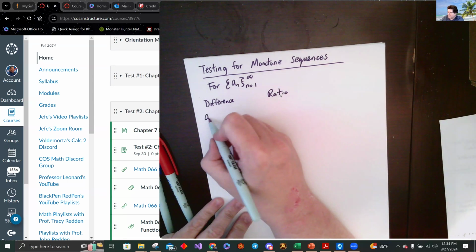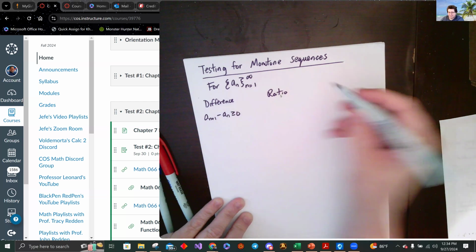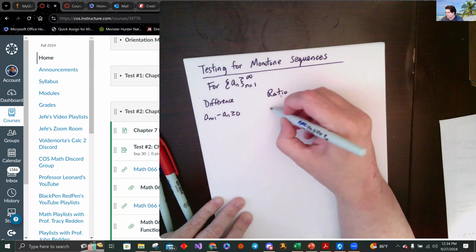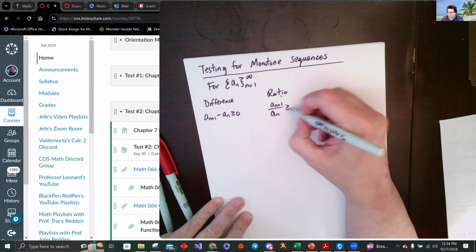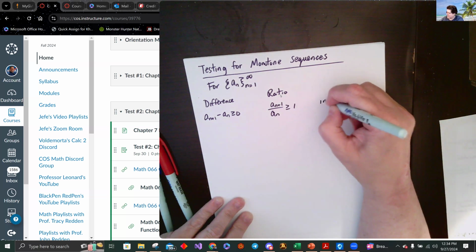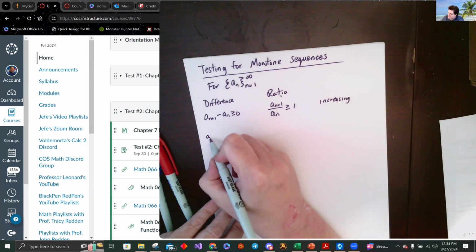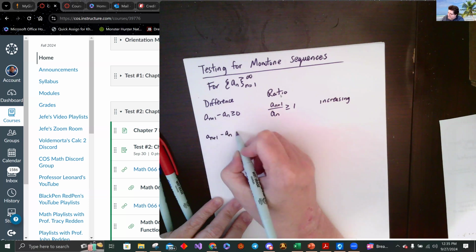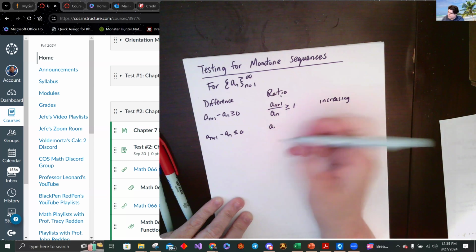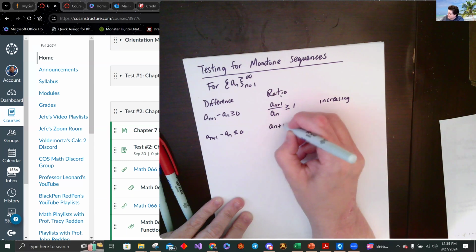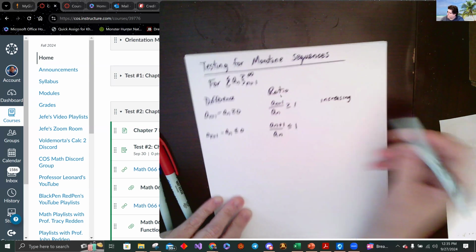If a sub n plus 1 minus a sub n is greater than or equal to 0, or if a sub n plus 1 over a sub n is greater than or equal to 1, this is an increasing sequence. And we flip these around the other way. If this is less than 0, or if this ratio test is less than 1, it's decreasing.